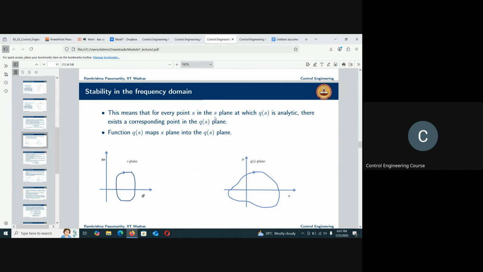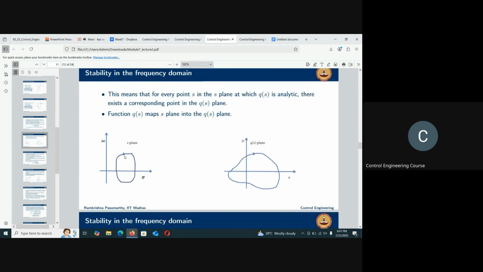So now what you can ask is this: when I travel a loop in the S-plane, let's say somebody travels in the S-plane in this path, I can ask, what will the corresponding image in the Q of S-plane travel? It's a very valid question to ask, right?